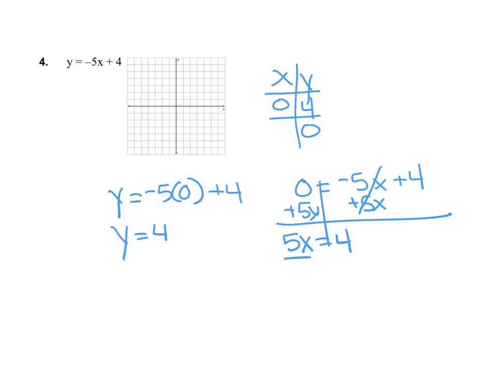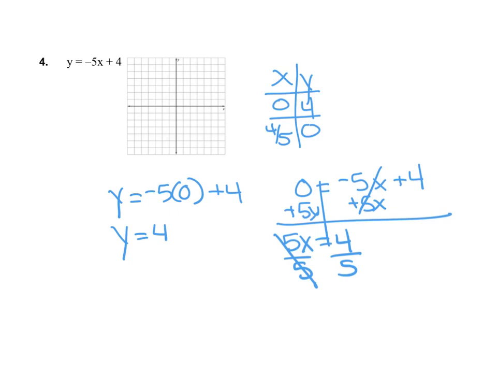So then when we go solve, we're going to divide by 5, and x will be equal to then 4/5. So it's just a little bit more maneuvering around when you have it in slope-intercept form than you do if it's in standard form. And we're going to be learning in one of the future lessons about the easiest way to graph problems like number 4.